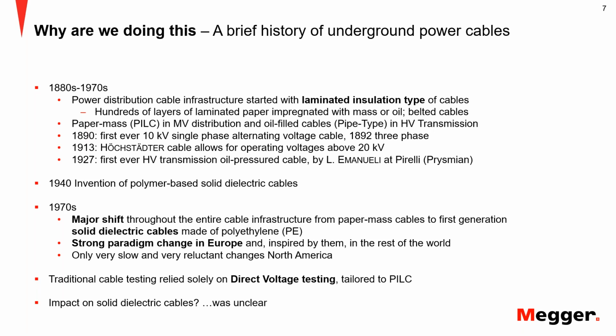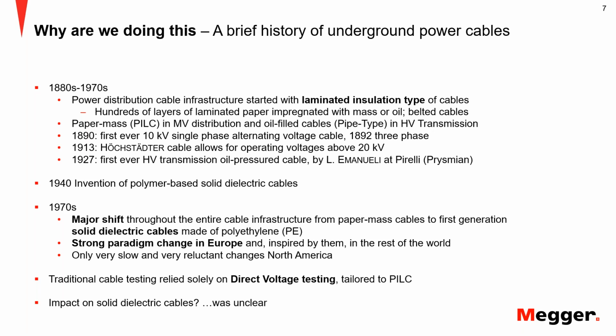Those underground cables were what's considered paper cables, paper-insulated cables. There were many different varieties. There was gutta percha and all of these different things, but essentially they were laminated insulation cables, so layers of paper and then some fluid. And the fluid actually is the actual insulation medium.